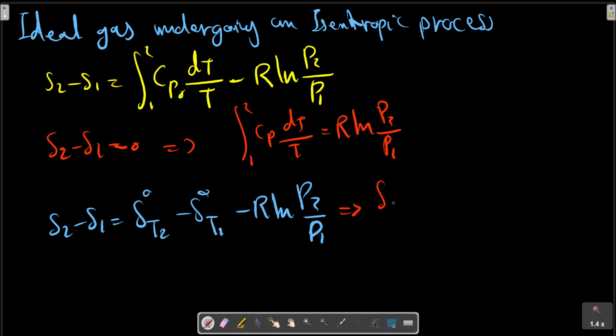As standard entropy, the difference between two standard entropies minus R ln P2 over P1.